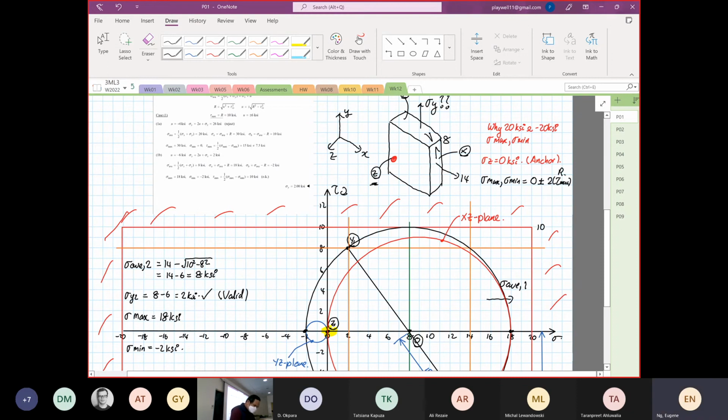Because this is the what? Radius. Yes or no? Tau max is the radius, right? So relative to stress Z, you will have positive 20 and minus 20 KSI. Does that make sense to you?